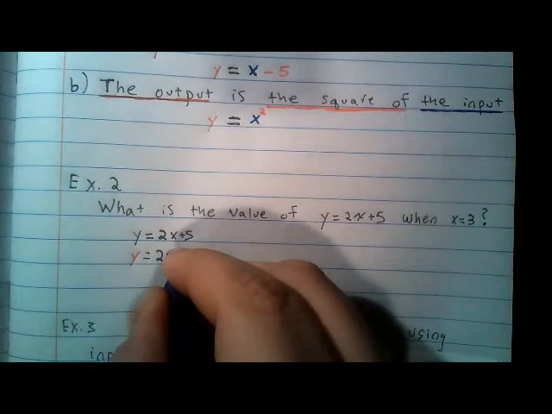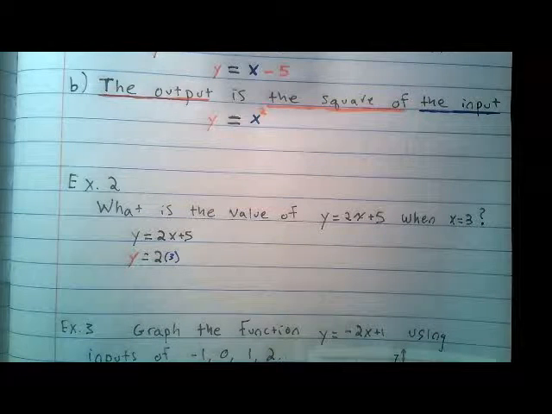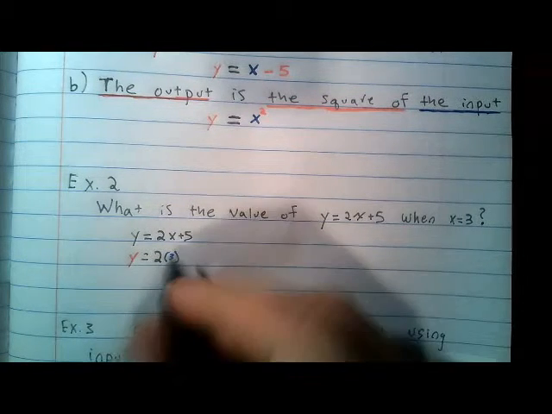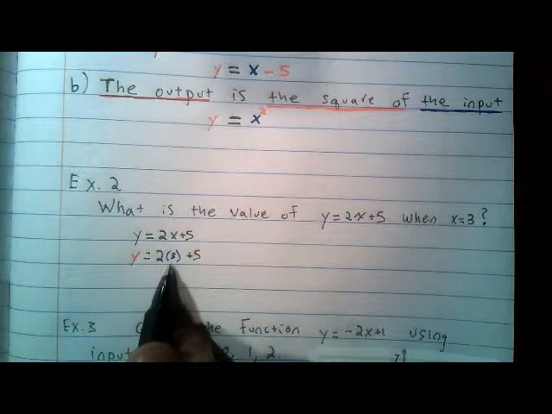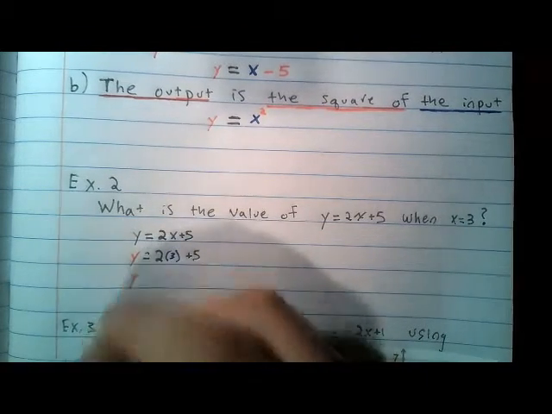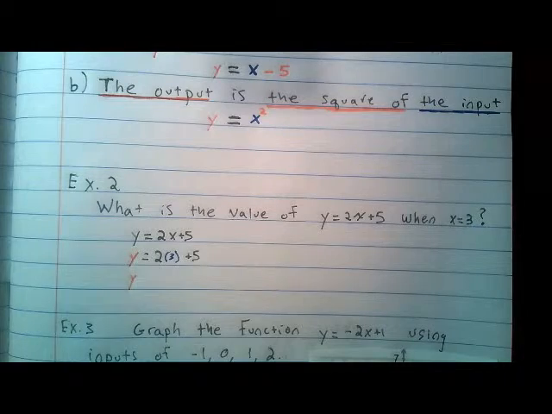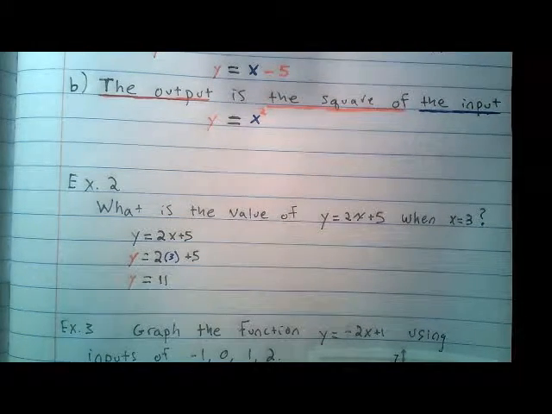The 2x, plus 5. Two times 3 is 6, and then we add the 5. We would get 11. So y equals 11.